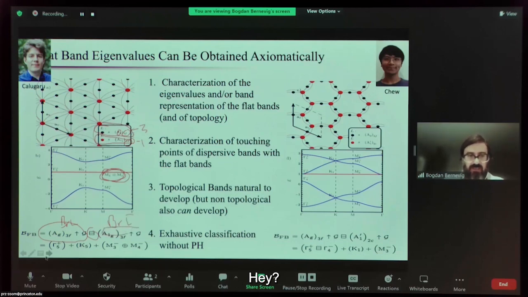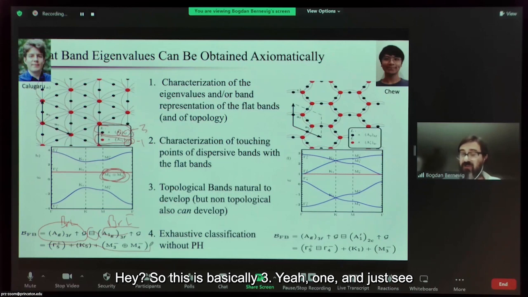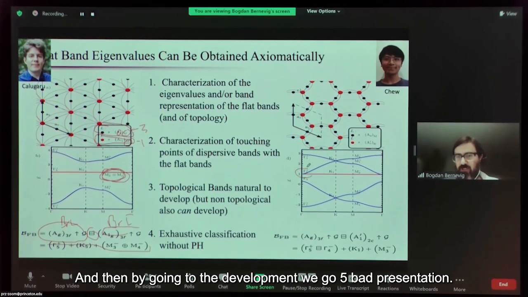And you immediately, just by going to the Bilbao crystallographic server, you can find that it's these eigenvalues. And you can also find that you can have eigenvalues as a sum of atomic limit and then topological. Moreover, we can also see in this case when you have degeneracy points. So for example, in this system, which is chiral, non-symmetric, etc., this flat band comes with degeneracy points.